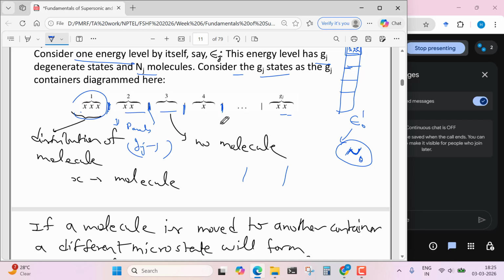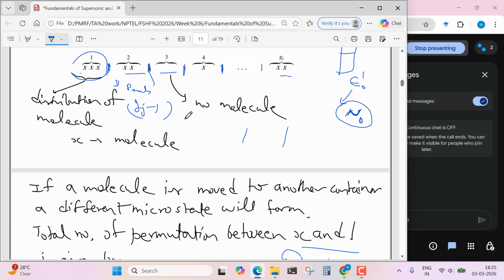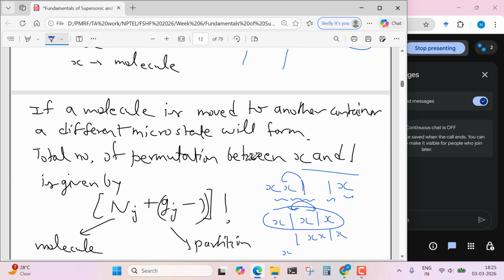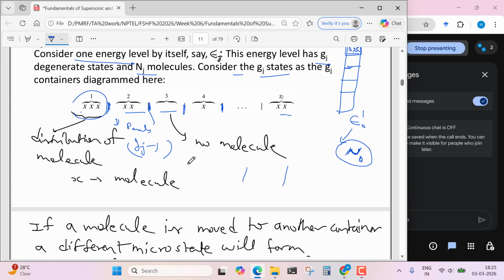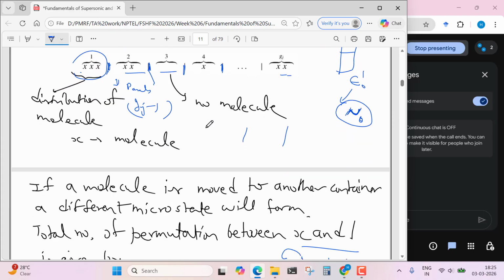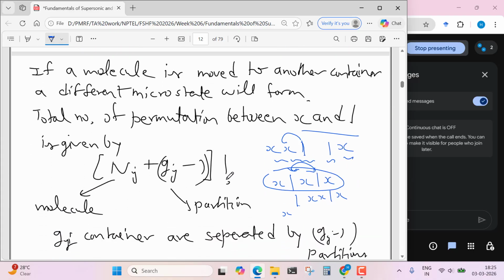If we move the panel, we get a different microstate. The total number of molecules is Nj, and the total number of panels is Gj minus 1. So how can both be distributed? Nj plus Gj minus 1 factorial.